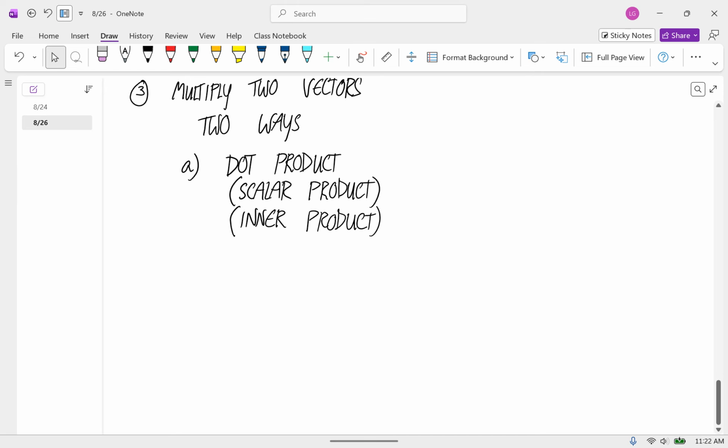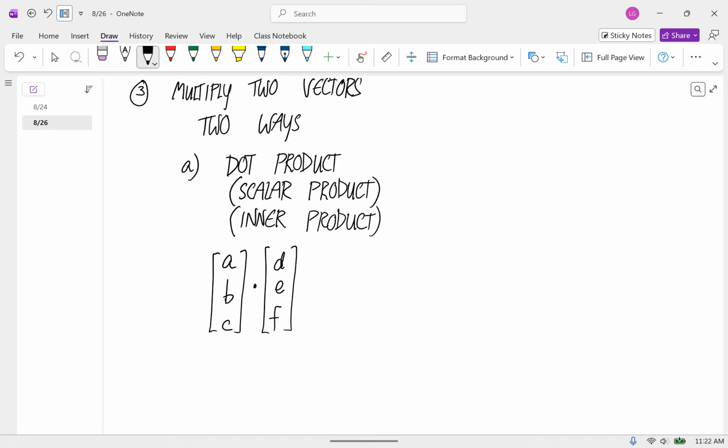But if you're taking the dot product between A, B, C, and D, E, F, the answer you get out isn't going to be a vector. It's just going to be a number, a scalar.